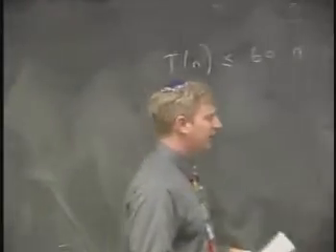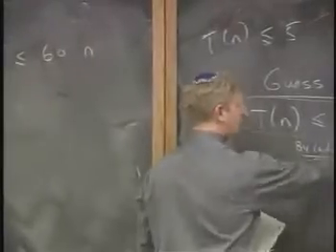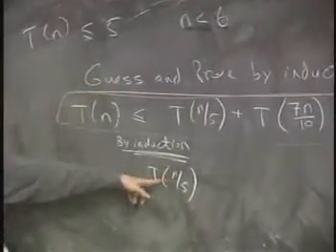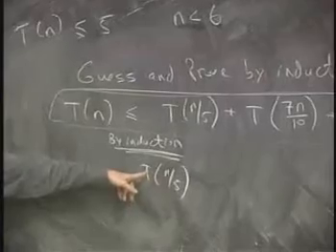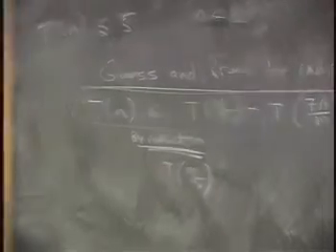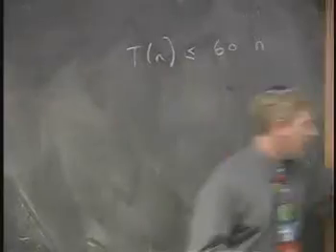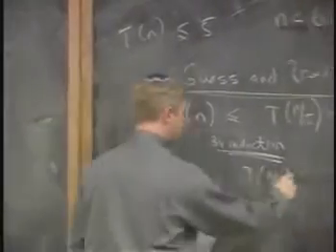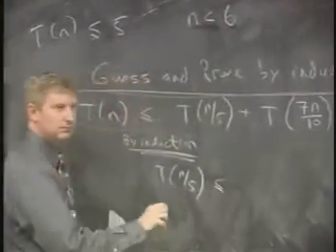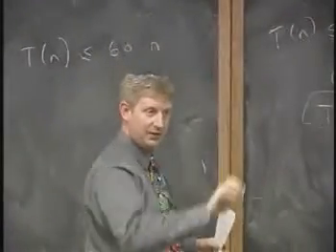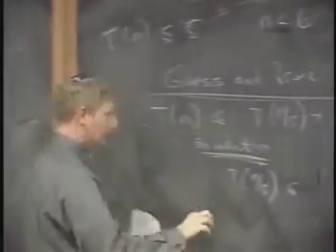All right, let's go ahead and try to do this by induction. Here's what I know. n over 5 is a smaller problem than n. I'm trying to prove T(n) is less than or equal to 60n. I'm going to assume by induction that T(n/5) is less than or equal to 60n divided by 5, or 12n.